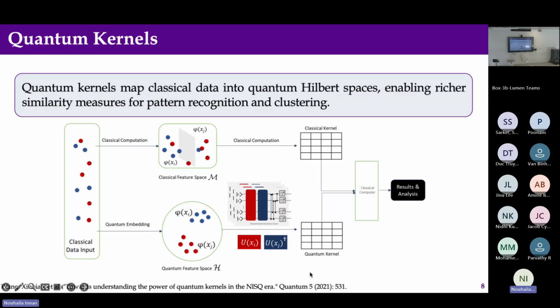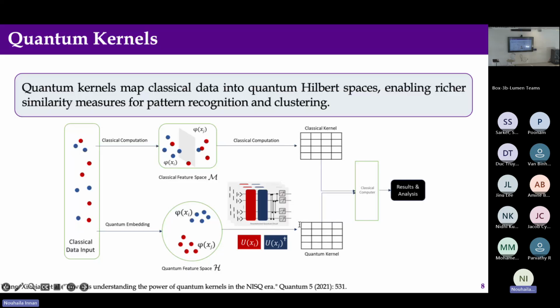In the diagram here, the upper part shows the classical kernel pipeline: data mapped into a classical feature map, then we calculate the similarity with the kernel function. Usually for the similarity, we calculate the distance. There are also other metrics based on the application.